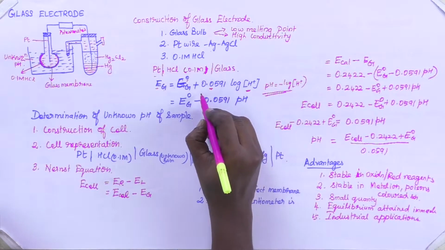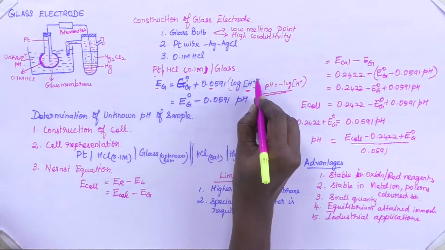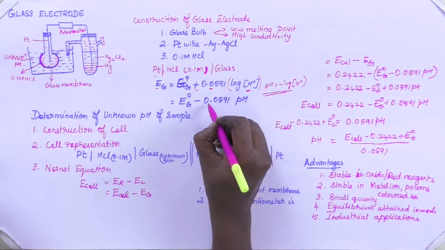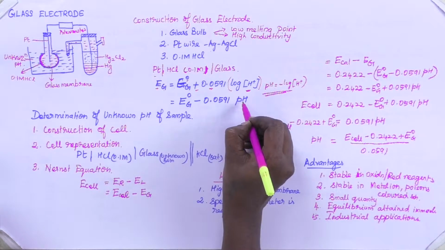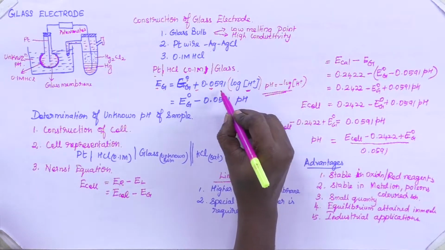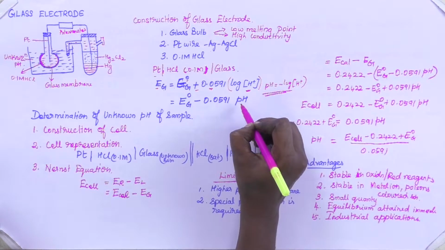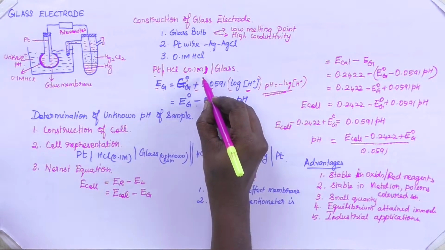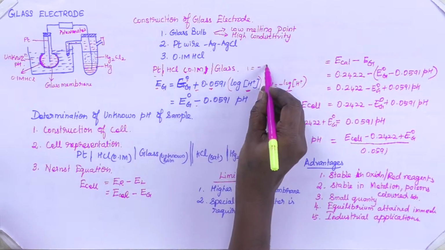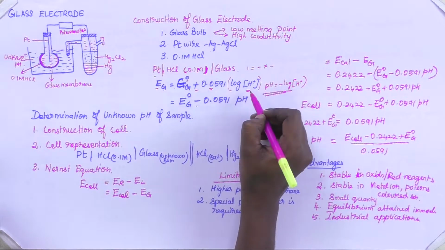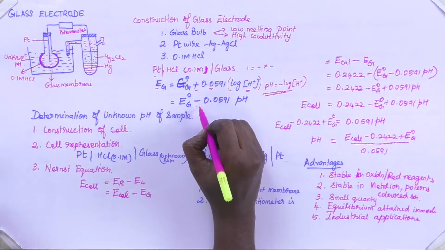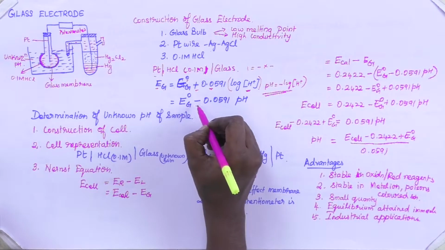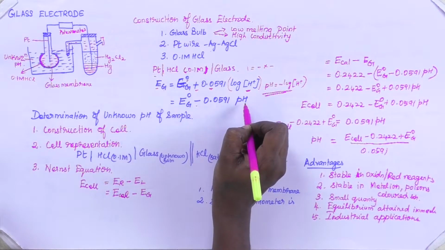So we substitute this: instead of log of H plus, we substitute minus pH. How do we get the negative sign? The plus is nothing but minus into minus. One minus goes with the log, so the other minus stays here. So the glass electrode Nernst equation is the standard glass electrode potential minus 0.0591 pH.